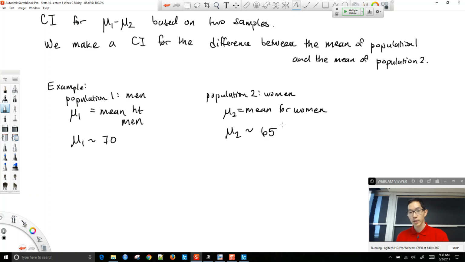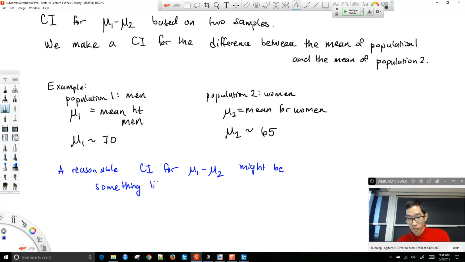Okay, so I'm just making up numbers, but a reasonable confidence interval for mu1 minus mu2 might be something like 3.5 to 6.5.